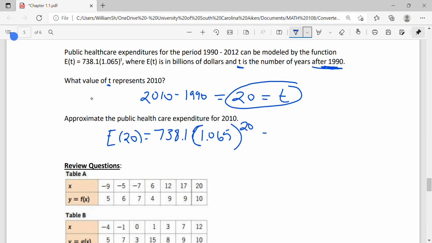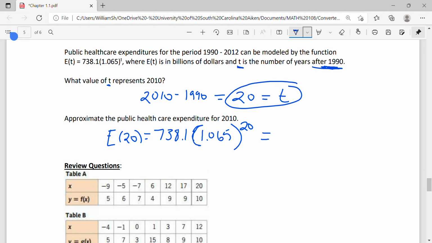Now this is a good point in time to use your TI calculator. Obviously this is not something I expect you to do by hand. You have access to a calculator, so use it, which is exactly what I'm doing over here to the side. I don't believe I have to show you how to type this into your calculator. I will show you more complex functions, how to type those into your calculator as we move on throughout the semester, but I believe this is a pretty straightforward one.